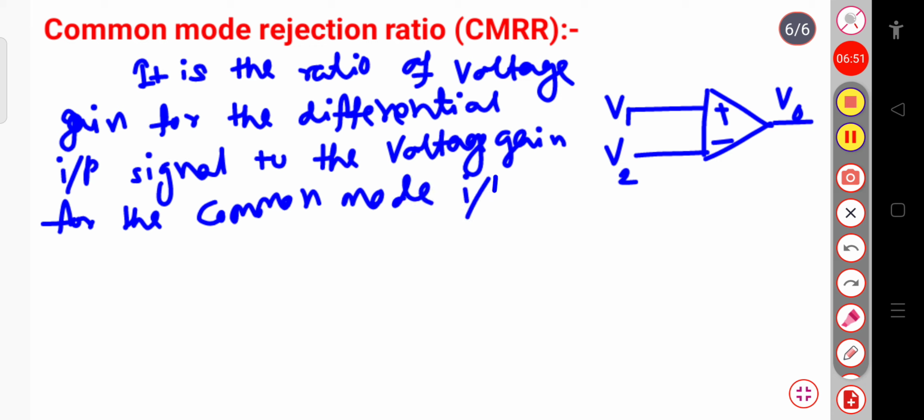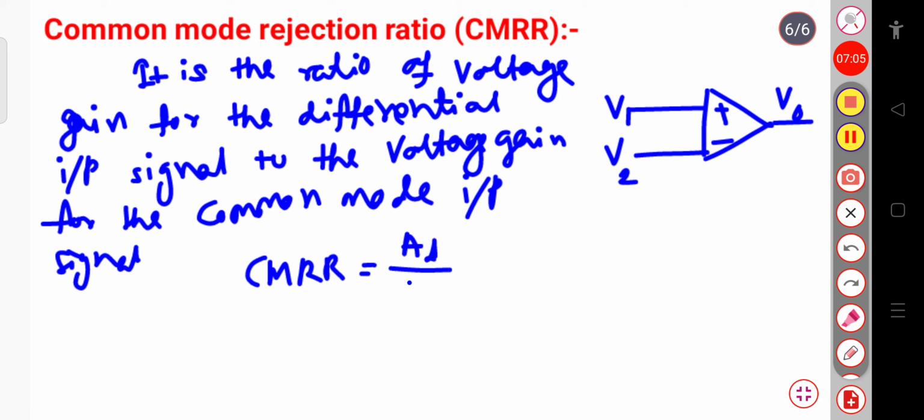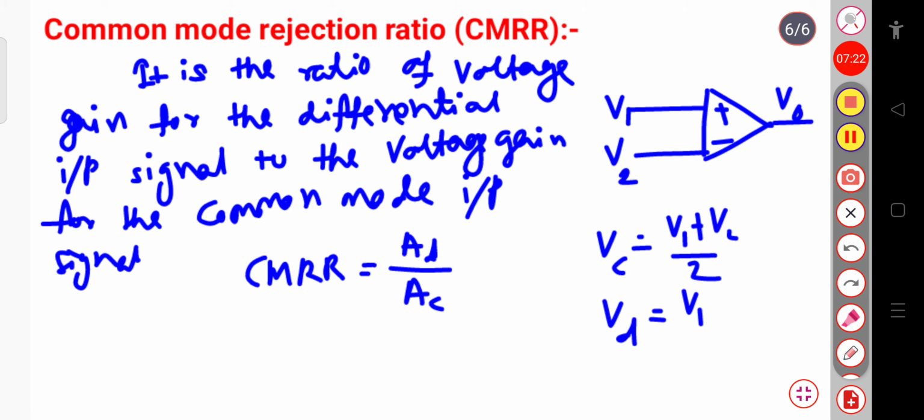So basically, CMRR, that is common mode rejection ratio, is equal to the voltage gain for the differential input divided by the voltage gain for the common mode input signal. The common mode voltage we can write as Vc equal to V1 plus V2 divided by 2, and the differential voltage equal to V1 minus V2.